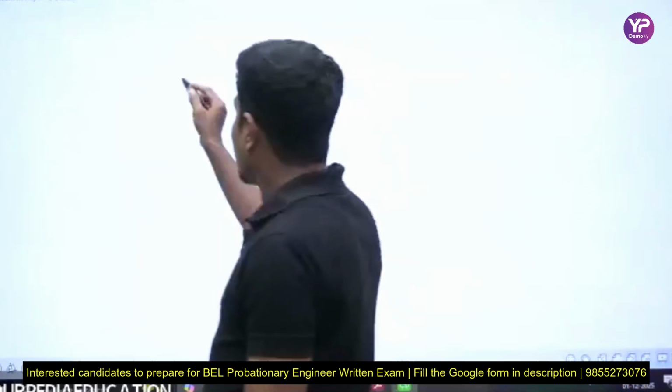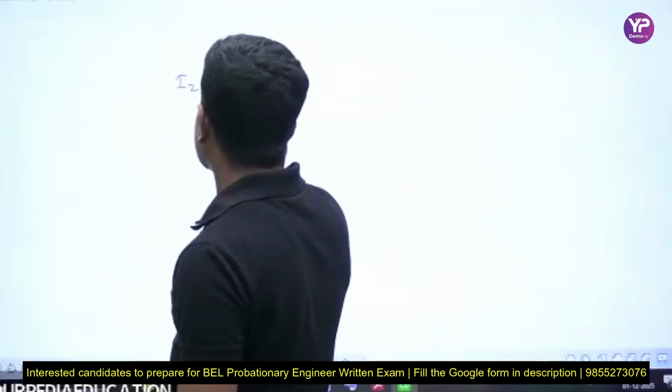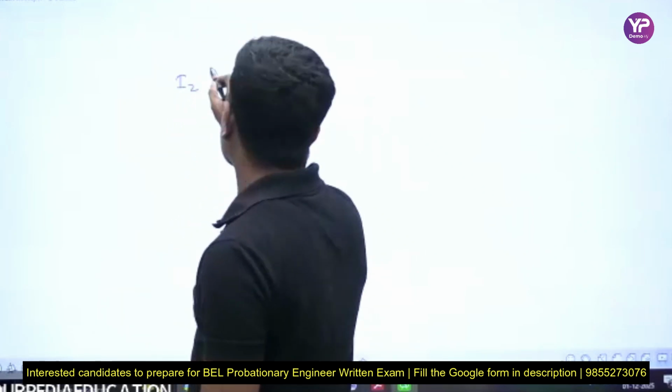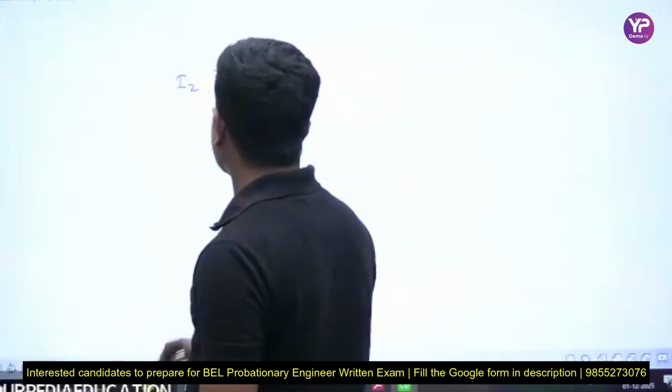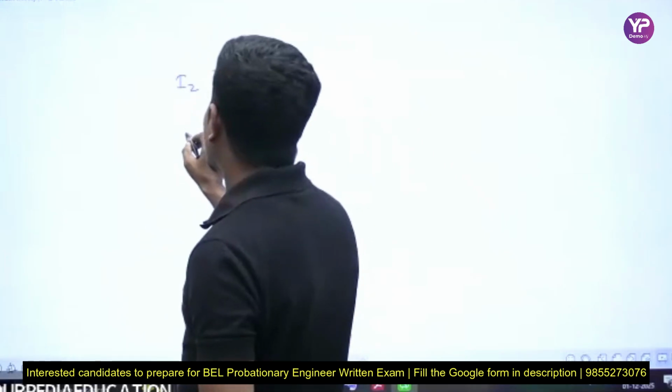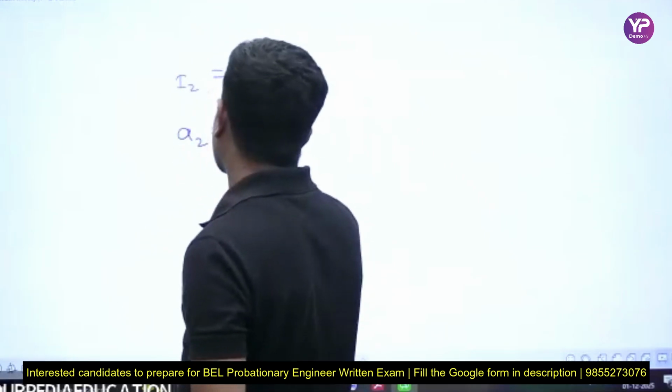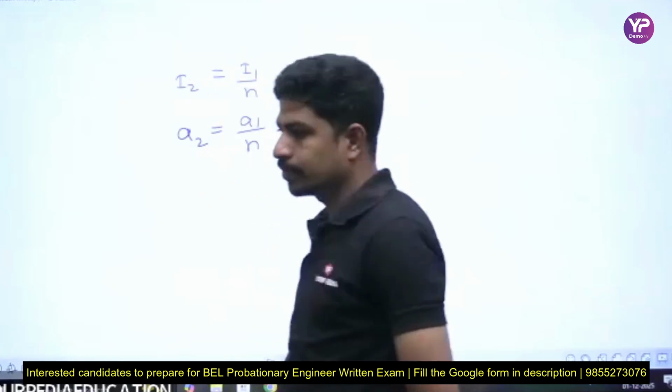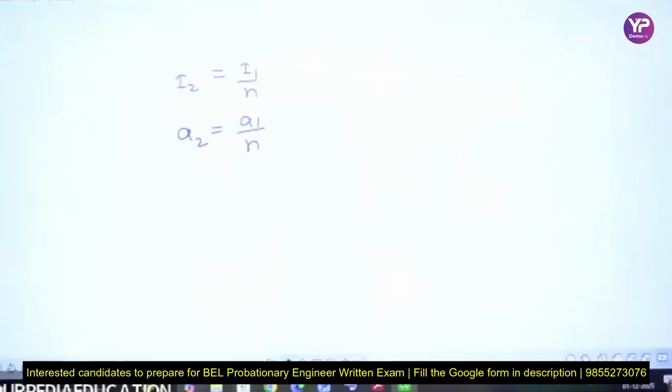Suppose, only for the sake of theory, we think like this. Current is decreased, I2 is equal to I1 by n. Then obviously the area of cross section I will take as A1 by n. Why take the total area?